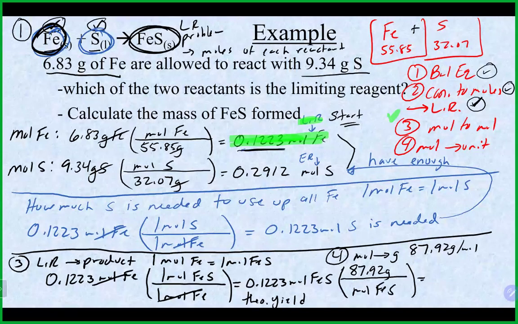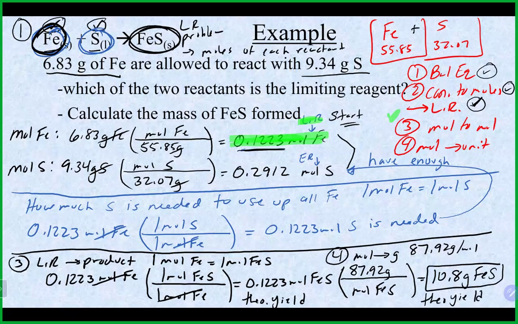And if we do that, 0.1223, looks like we will produce somewhere in the ballpark of 10.8 grams of iron 2 sulfide. That is our theoretical yield in grams in this case. Any questions on that there?